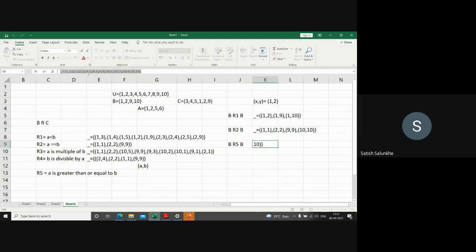So there is no way the condition is getting violated in this example, and therefore we say the relationship is transitive.